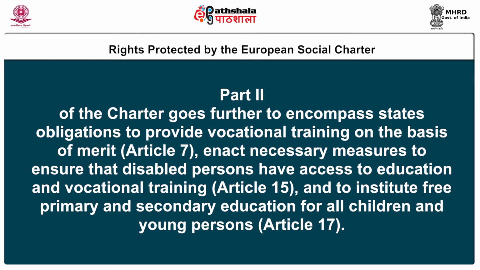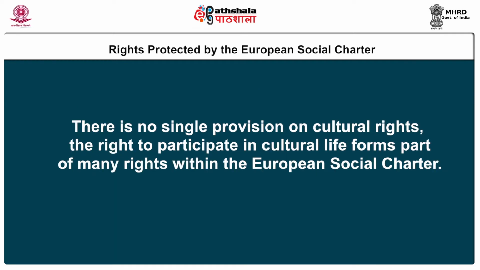Part 2 of the Charter goes further to encompass state obligations to provide vocational training on the basis of merit, Article 7, to enact necessary measures to ensure that disabled persons have access to education and vocational training, Article 15, and institute free primary and secondary education for all children and young persons, Article 17.